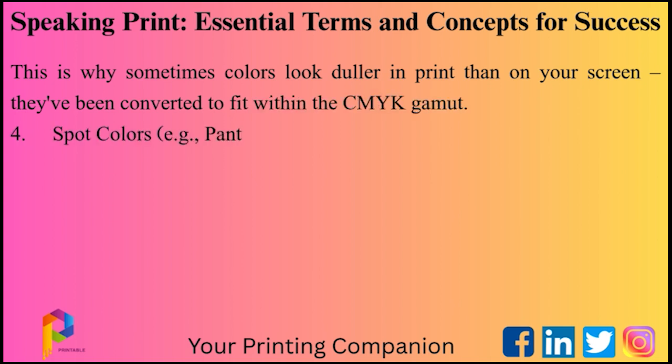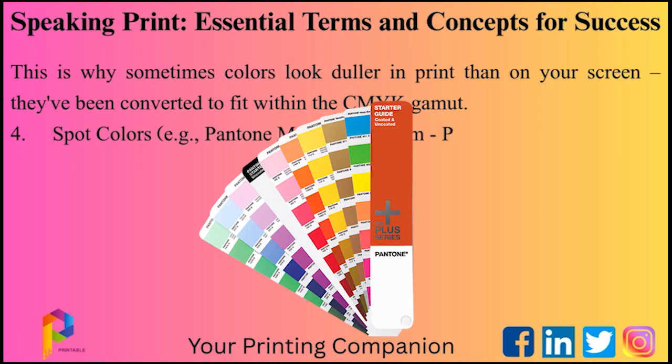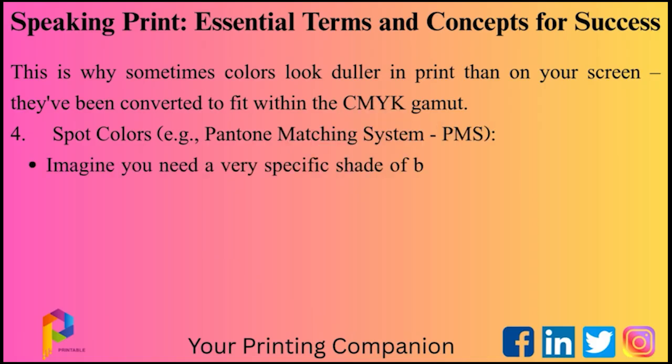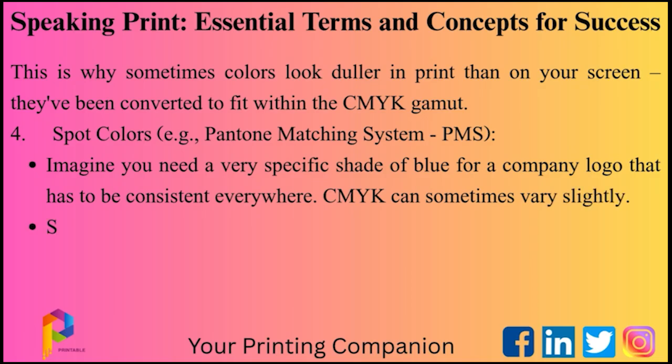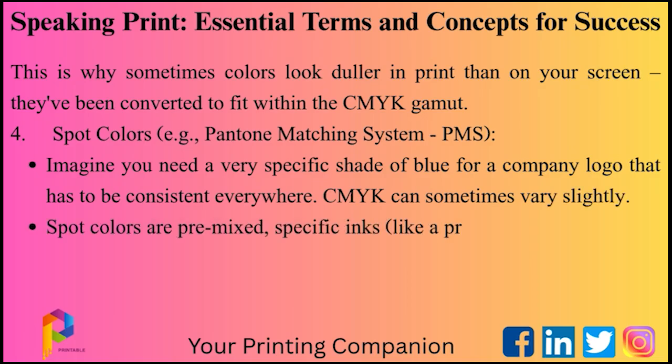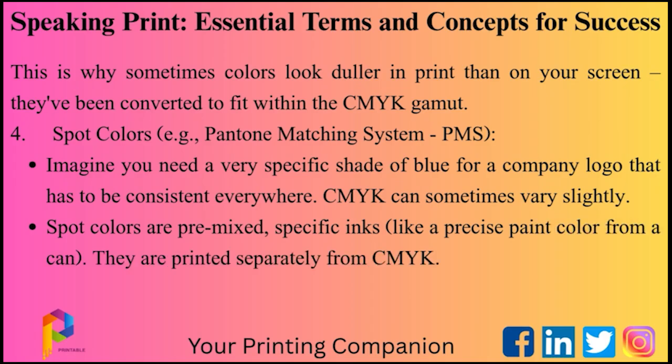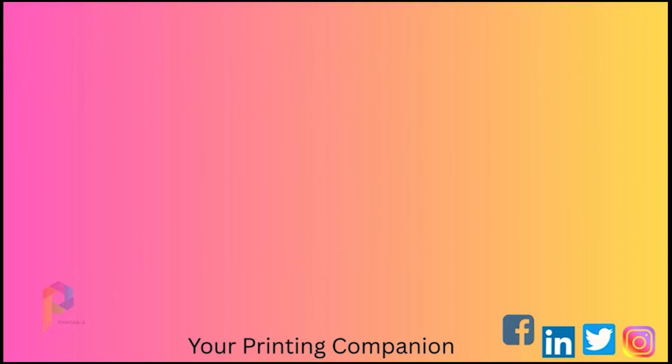Spot colors, for example the Pantone Matching System, PMS. Imagine you need a very specific shade of blue for a company logo that has to be consistent everywhere. CMYK can sometimes vary slightly. Spot colors are pre-mixed specific inks, like a precise paint color from a can. They are printed separately from CMYK.